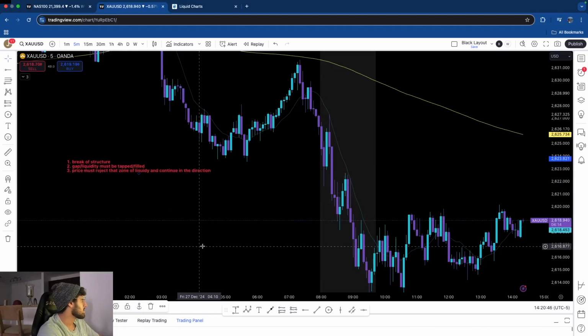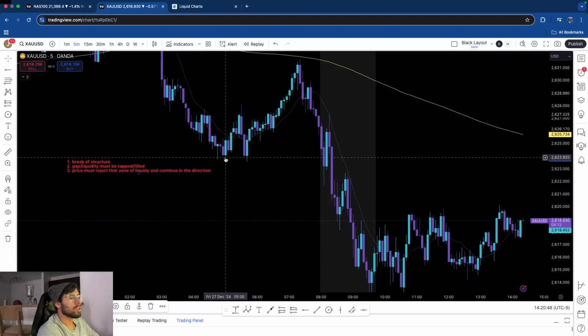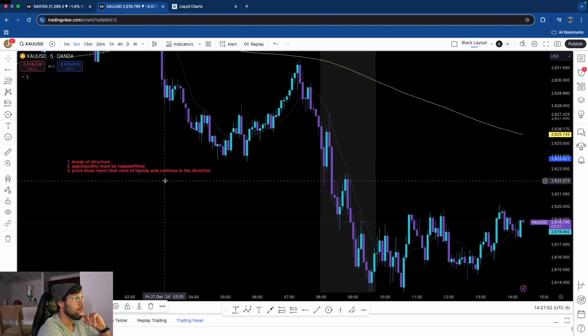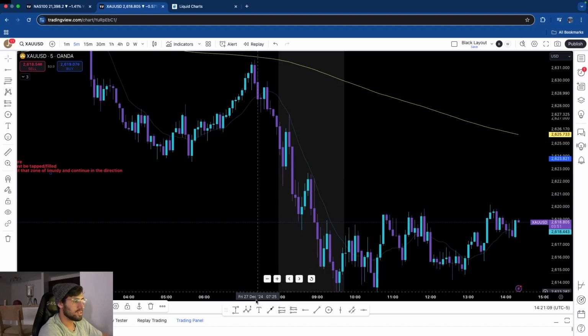We're looking for break of structure to the downside. We want price to come back up into a level of supply, fill some type of supply candle, a gap, and then reject that zone. Number 3, reject that zone of liquidity and continue in the direction to the downside that we expect it to go. Okay, so this is the setup that I took right here.